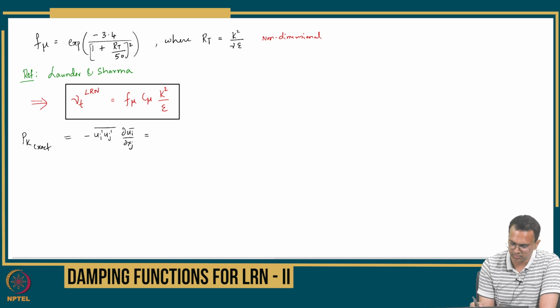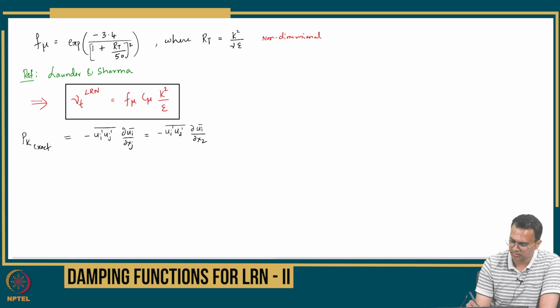So this will give me a sum of 9 terms here, but the dou by dou x1 and dou by dou x3 terms are again 0. So this essentially reduces to minus, so j has to be 2, ui prime u2 prime dou ui bar by dou x2.